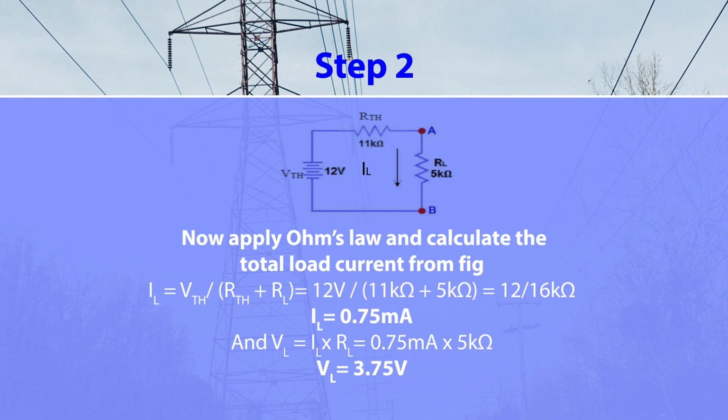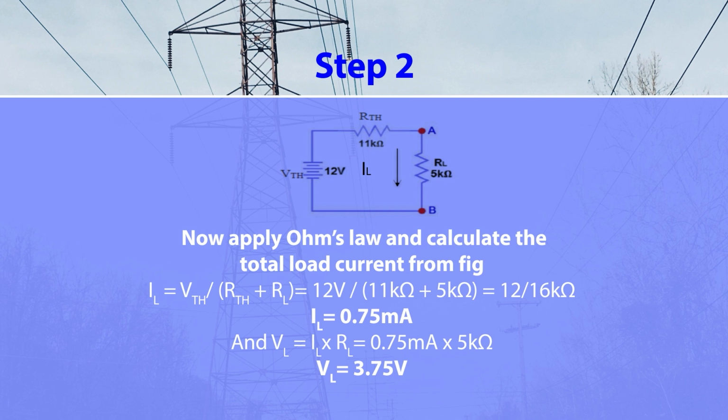And what is the value of IL? Value of IL is 0.75 milliampere and value of load resistance RL is 5 kilo ohm. So when you are multiplying these two quantities, you are able to get VL is equal to 3.75 volt. So this is how you are able to apply Thevenin theorem to calculate the load current or load voltage.